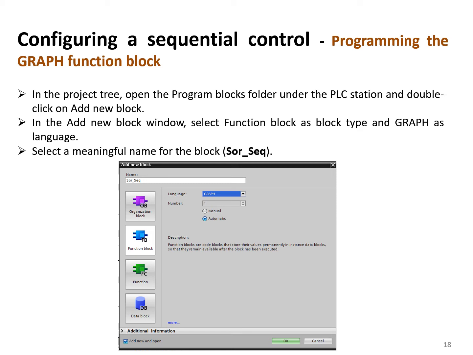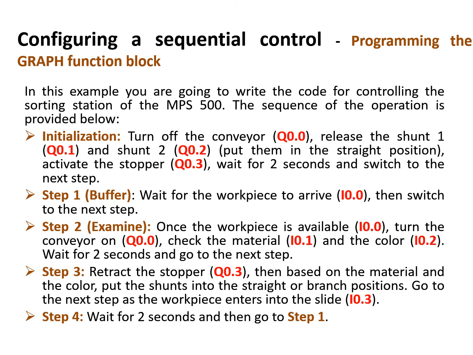In the add new block window, select function block as block type and GRAPH as language. Select a meaningful name for the block, for example sorting sequence, for the sorting station or whatever name you wish. Click OK and go to the next step.